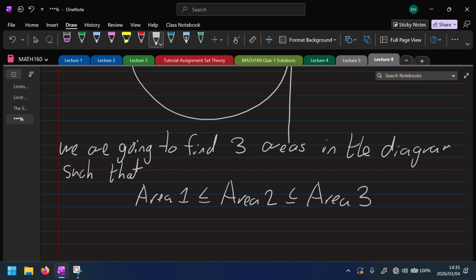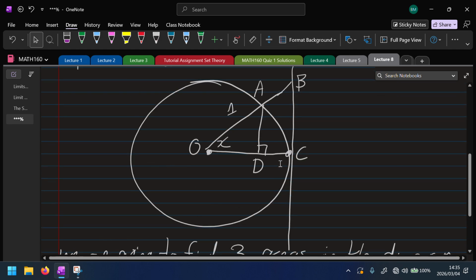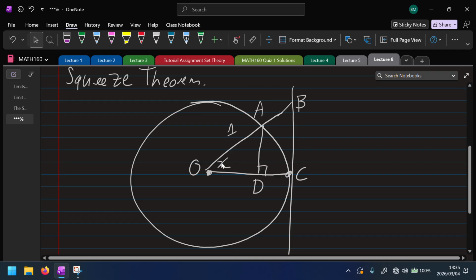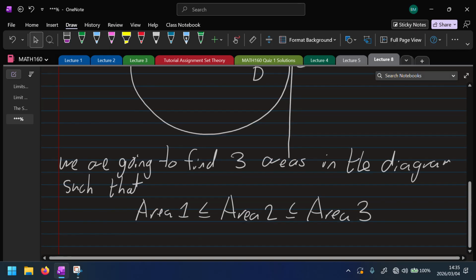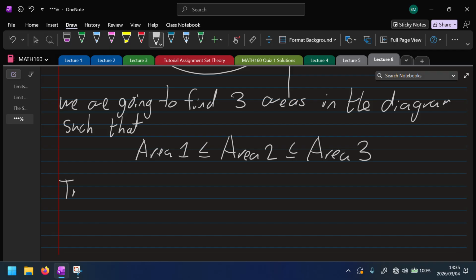So area number 1 is going to be this triangle OAD. Okay, so triangle OAD, that will give us area 1. Okay.